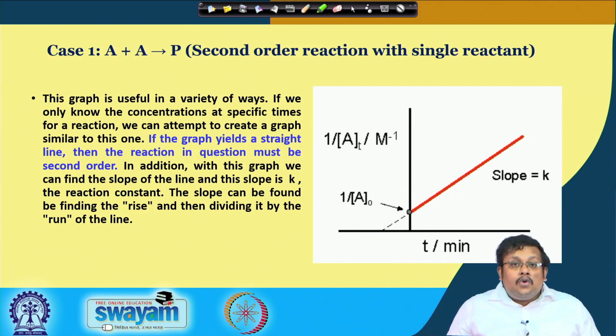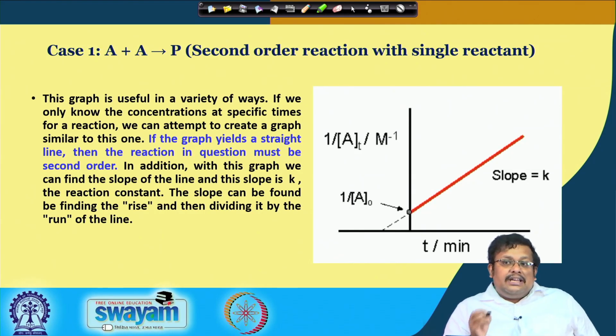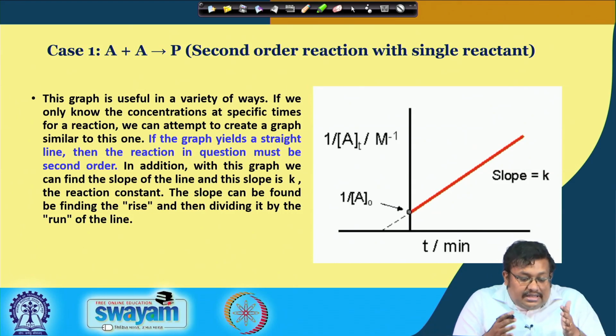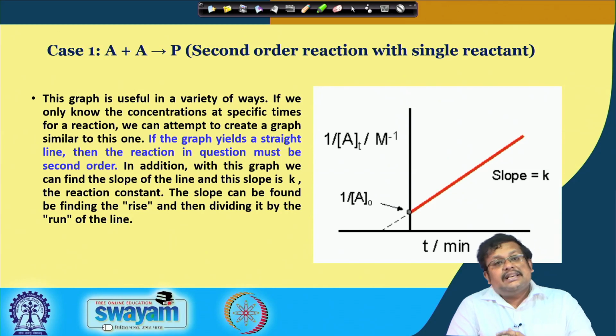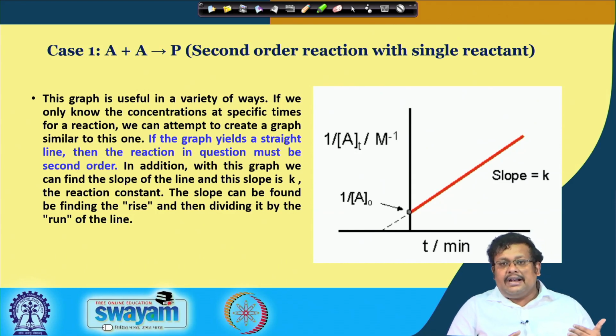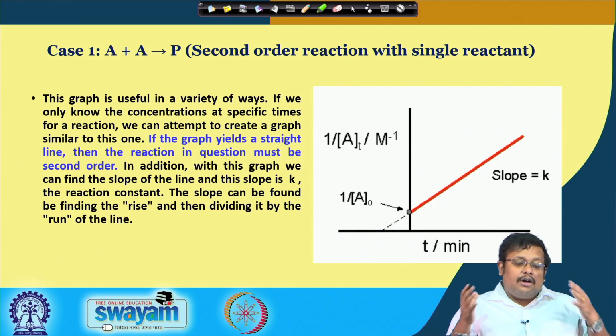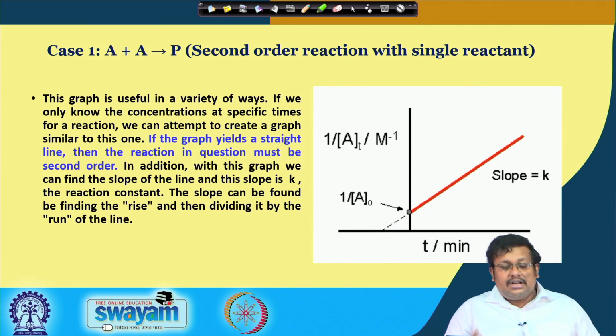If we know the concentration at specific times for a reaction, we can attempt to create a graph similar to this one. If the graph is a straight line, then the reaction in question must be second order. So, if we plot time versus 1 by concentration of a reactant and get a positive straight line, then we will be sure that this is a second order reaction.